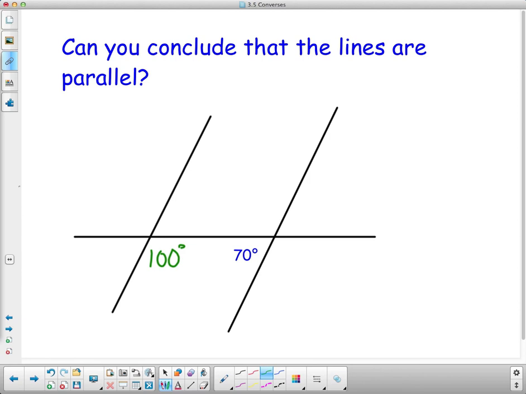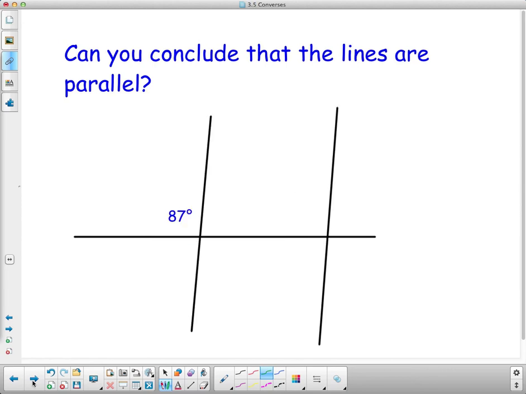Show me. Okay, it should be no. If you said yes, I saw some of you putting same side interior angles, which I agree they are. Are the same side interior angles supplementary up here? Do they add to 180 degrees? No. So that wasn't the right relationship.